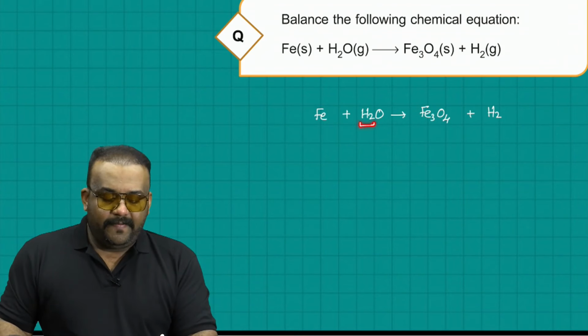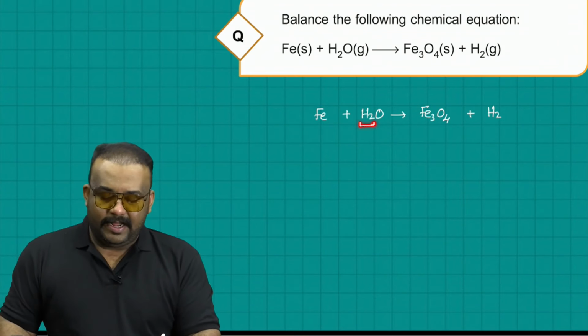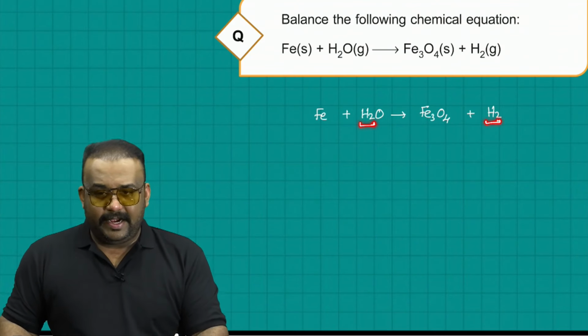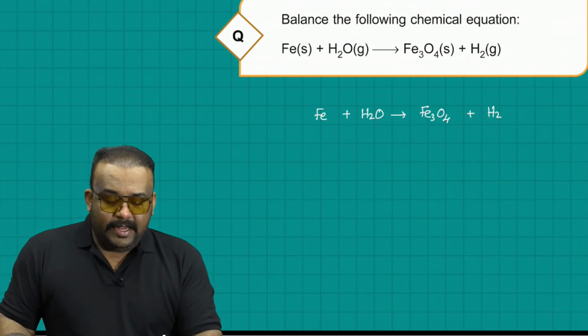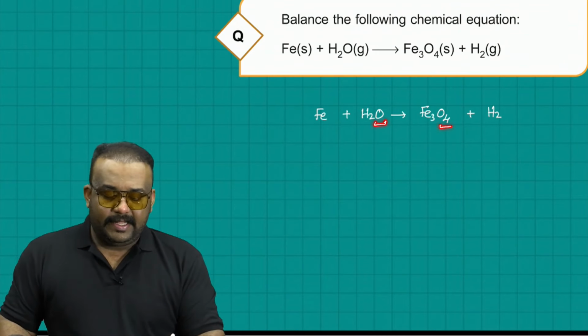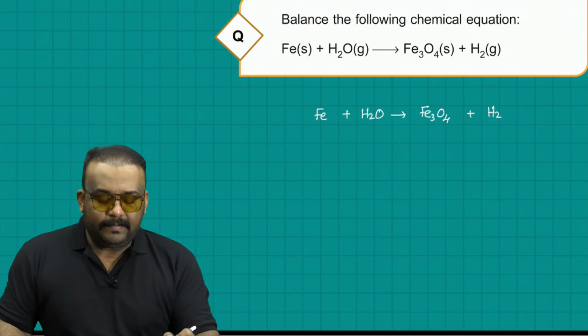The number of hydrogen atoms on the left hand side is 2, and on the right hand side is also 2, so hydrogen atoms are balanced. The number of oxygen atoms on the left hand side is 1, whereas on the right hand side it is 4.